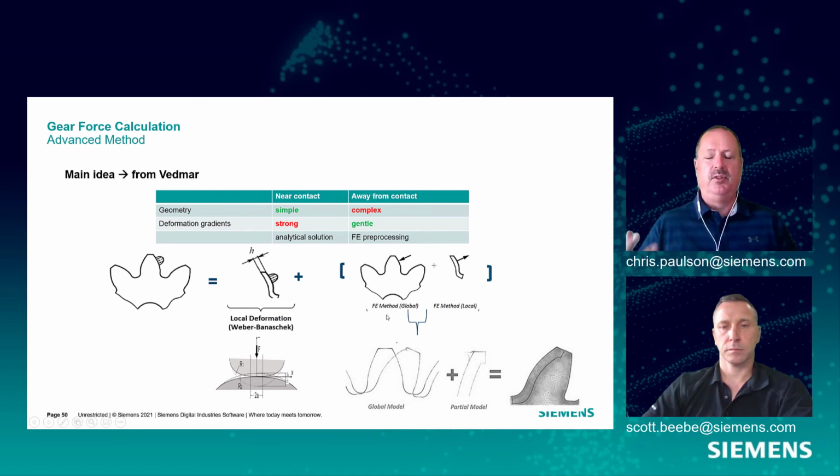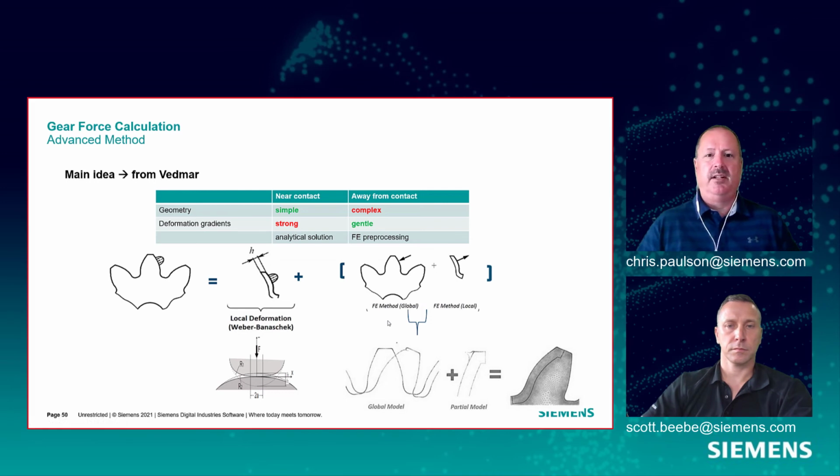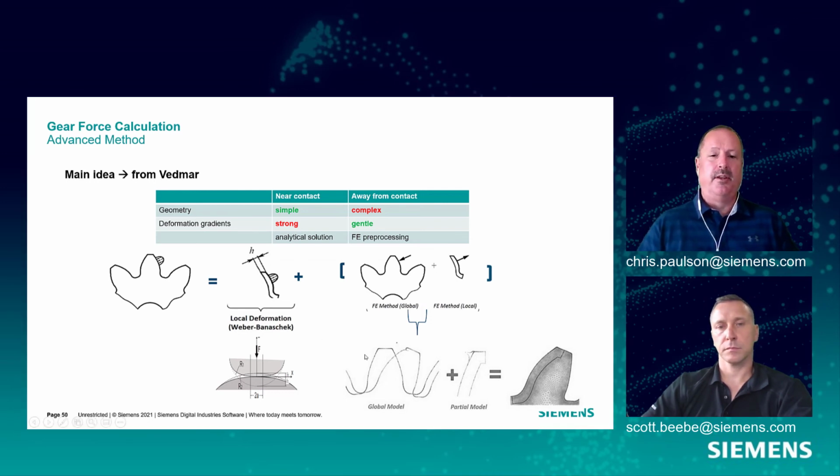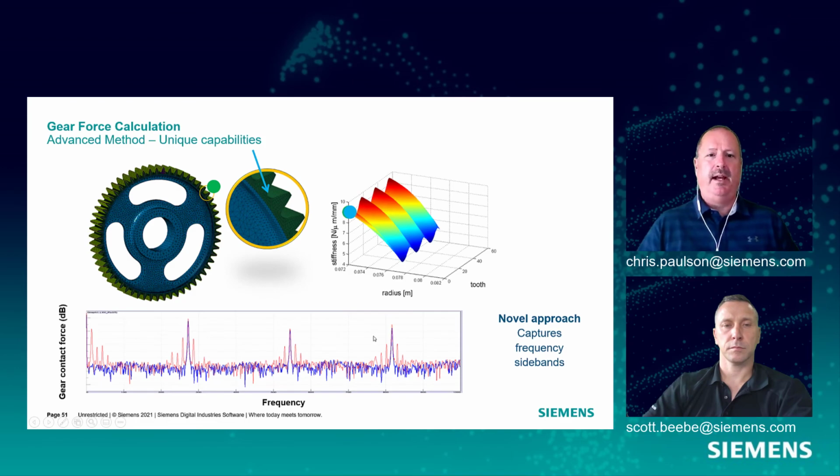We would want to use FE methods to understand that stiffness. So our advanced FE method basically superimposes both. Near the contact, we're using our analytical solutions, and as we get away from the contact, we use the FE method for the stiffness.